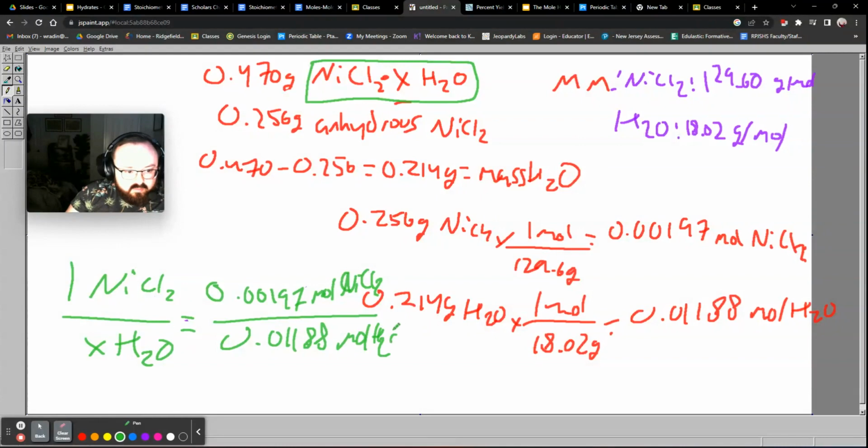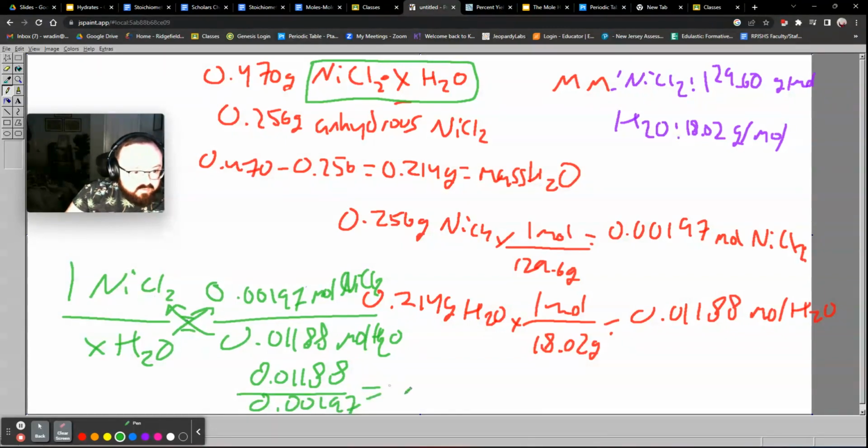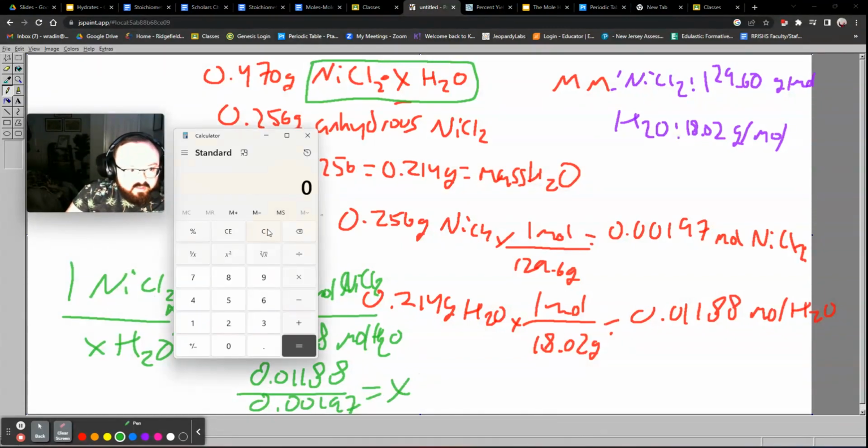Well, to solve for this, we basically cross multiply. We're going to end up with, mathematically, 0.01188 divided by 0.00197 equals x. We'll put this in our calculator.